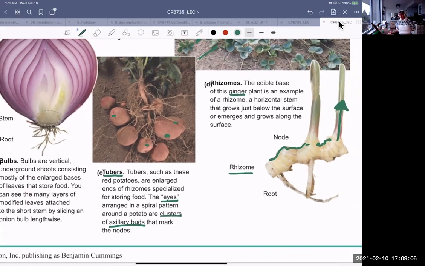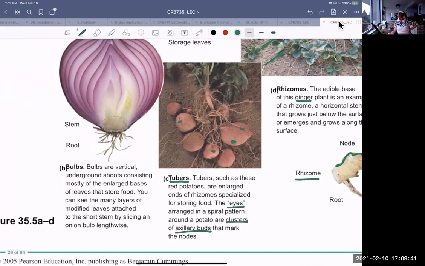But not all potatoes are modified stems. Some of them are roots. The difference is the roots don't have eyes. I'm not sure now if it's the regular potatoes or the sweet potatoes, but whichever one it is, if you plant it, it won't grow because it's not a modified stem. It is actually a root.